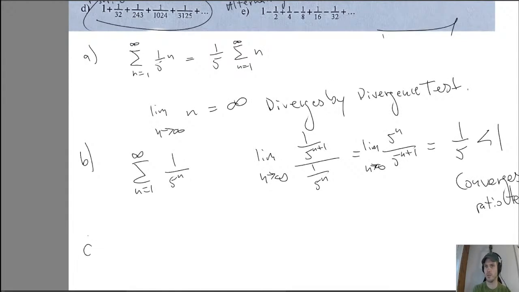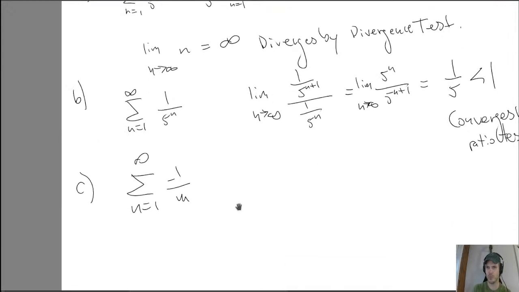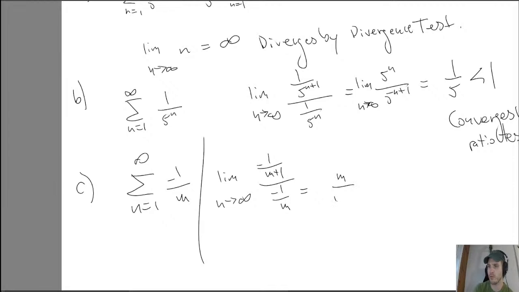So C, sum from n equals 1 to infinity of negative 1 over m. So we'll do limit as n approaches infinity of negative 1 over m plus 1 over negative 1 over m equals m over m plus 1.